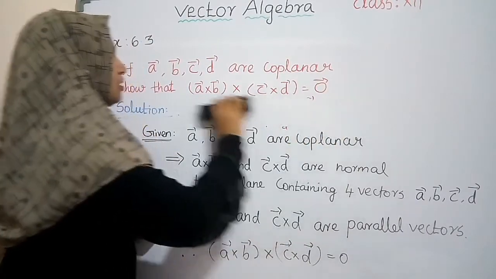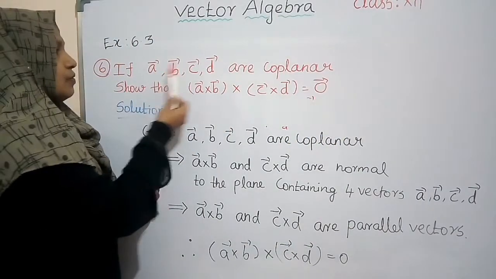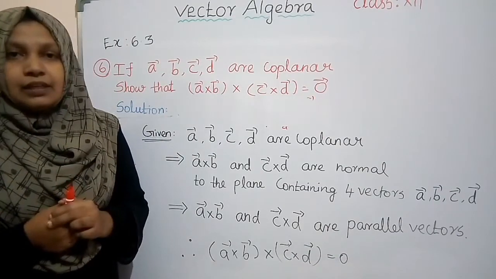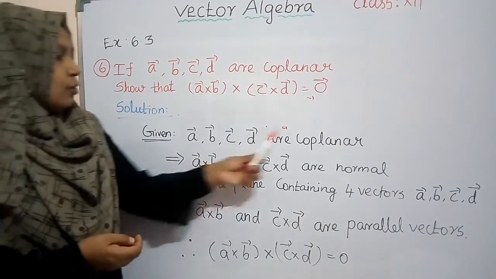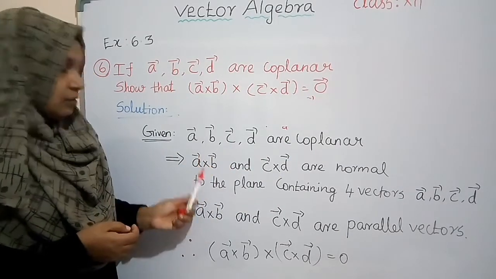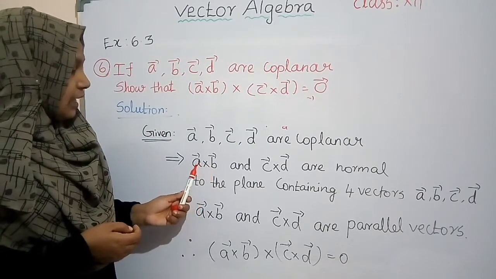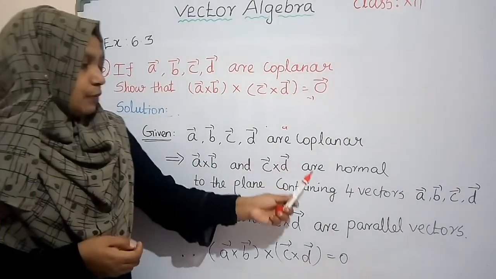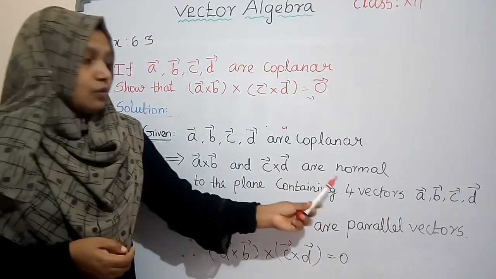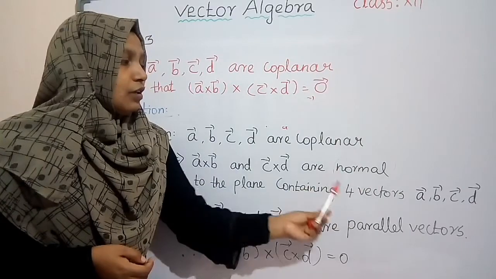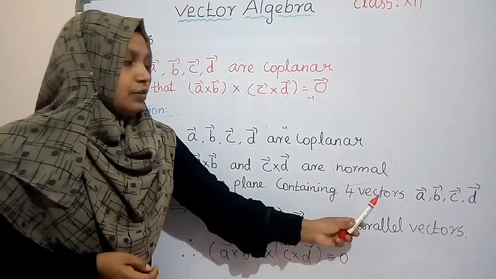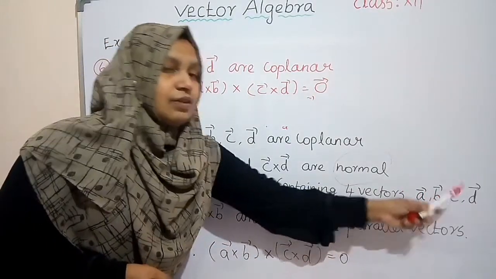So what is given in this question? It is given that these four vectors are coplanar. That means the four vectors are lying on the same plane. So since they are coplanar, a vector cross b vector, this is our basic result, is perpendicular to a vector and b vector, and c vector cross d vector is also perpendicular, we wrote normal, both are the same, normal to the plane containing the four vectors a vector, b vector, c vector and d vector.